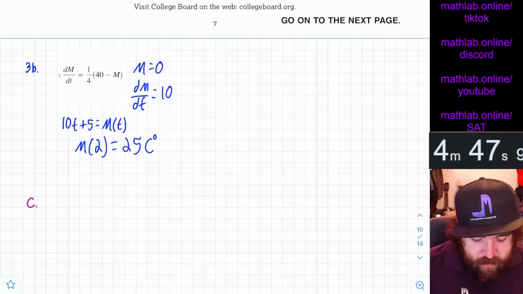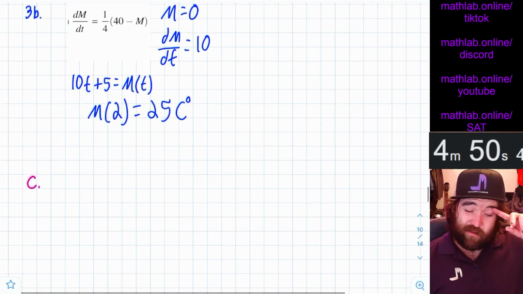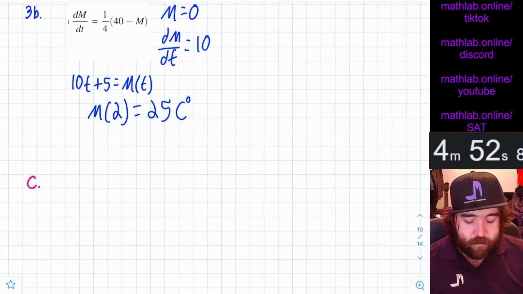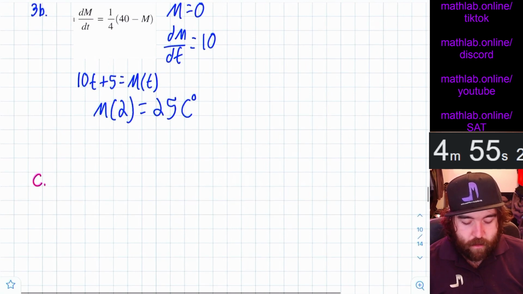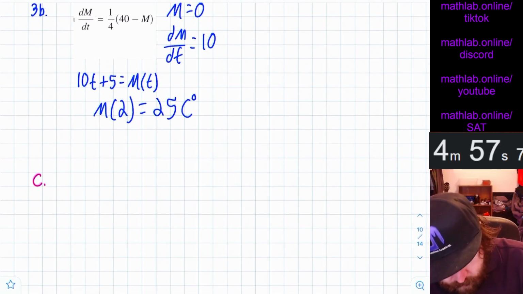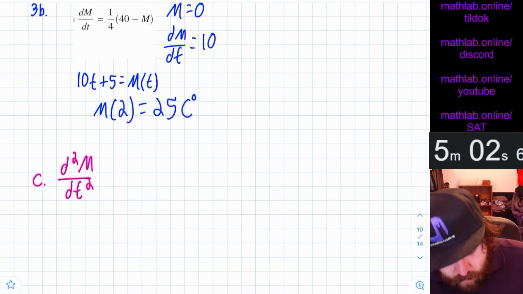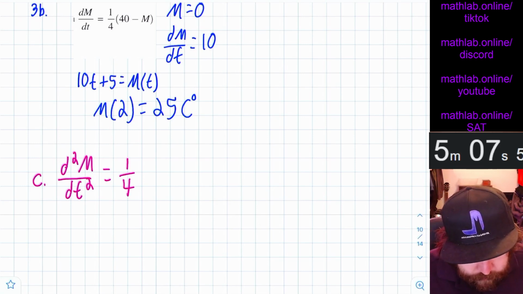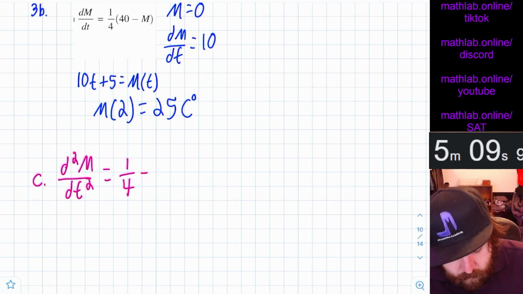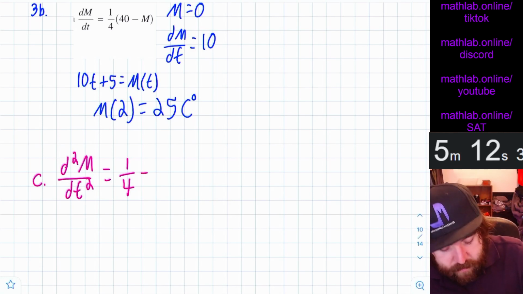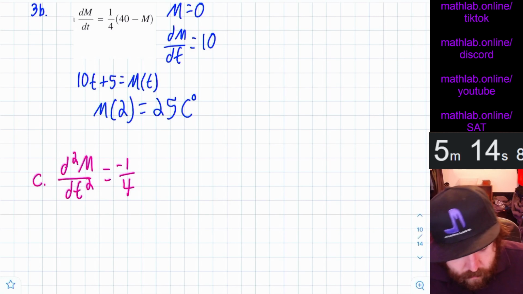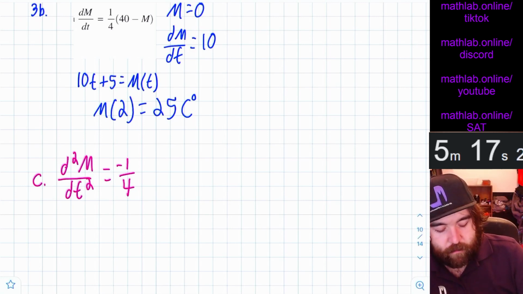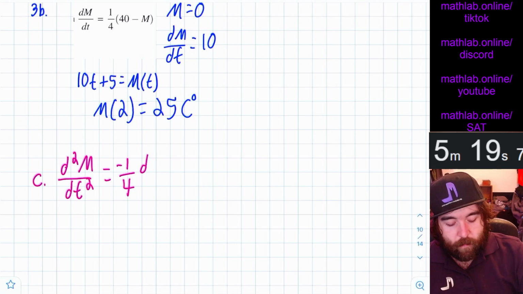Okay, so C, we need to find the second derivative. So we're going to have to use probably differentials all the way, right? So we'll take the derivative, and we'll get our second derivative here. And so then we take the derivative, so that's 1/4 times negative, so negative 1/4 times the derivative of m, dm dt.